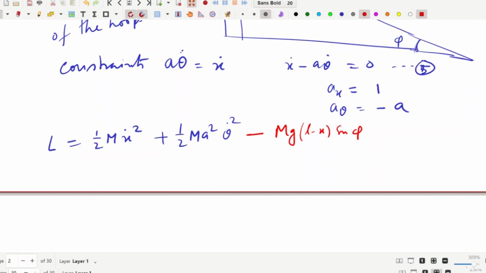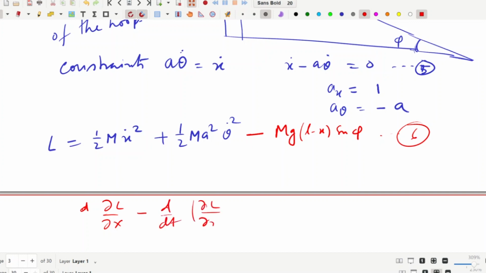So, let me write this as my equation 6, and now we find the equations for x and theta. For x, the equation will be del L del x minus d/dt of del L del x dot plus lambda, only one constraint, so there will be only one lambda, times a x equal to 0.